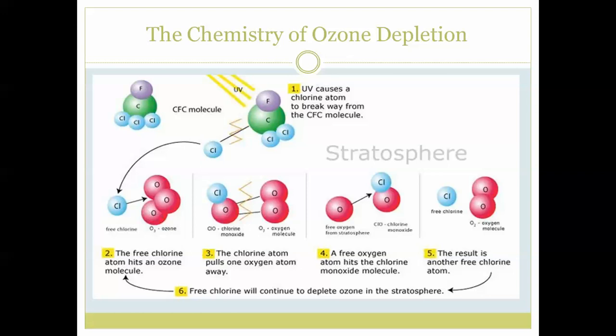And of course, even though protocols were set forth in Montreal in 1987, they were revisited at the Kyoto Convention in 1992. CFCs continue to be used, especially in lesser developed countries. So you still have the penetration of CFCs into the atmosphere and into the stratosphere.